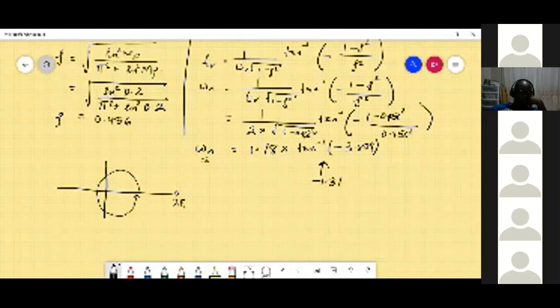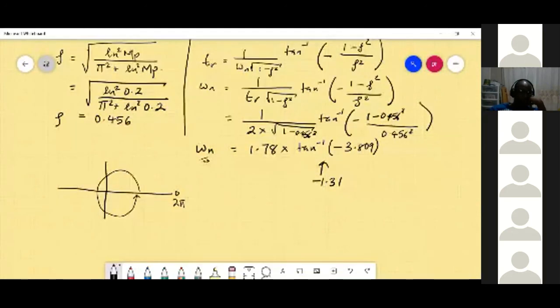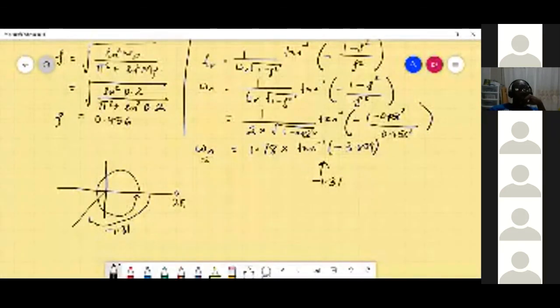Negative 1.31. We have to remember where exactly that falls. So negative 1.31, if we took it, would fall in this quadrant here. So we have to convert that to a positive answer.